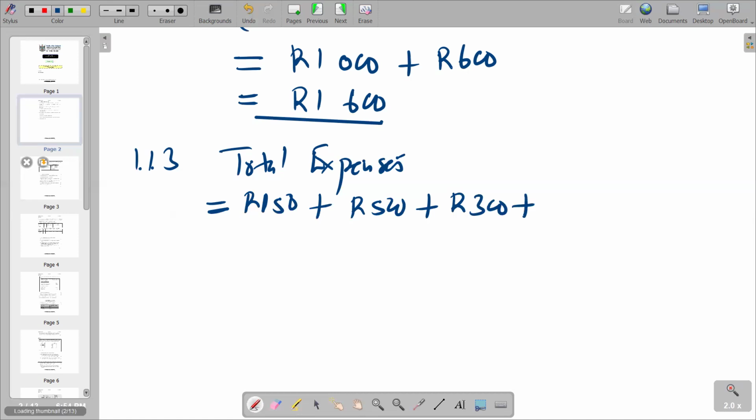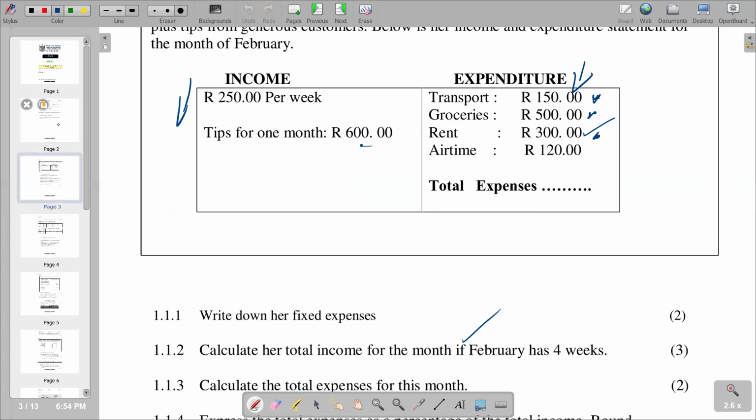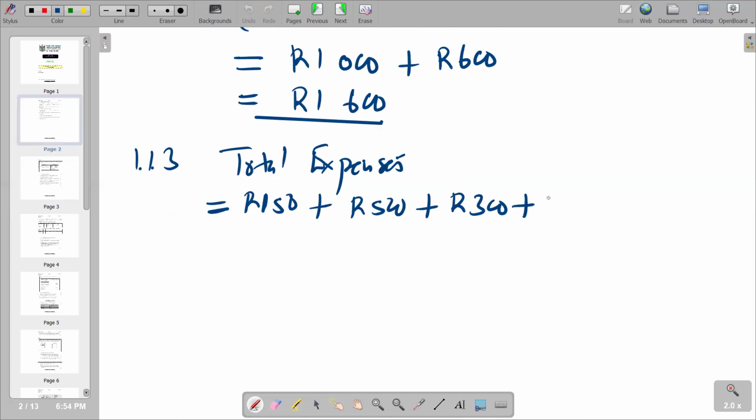After adding your 300 rands, you add your 120 rands. If you do that, the correct answer that you're supposed to get becomes 1,070 rands. So this is what we have on 1.1.3.